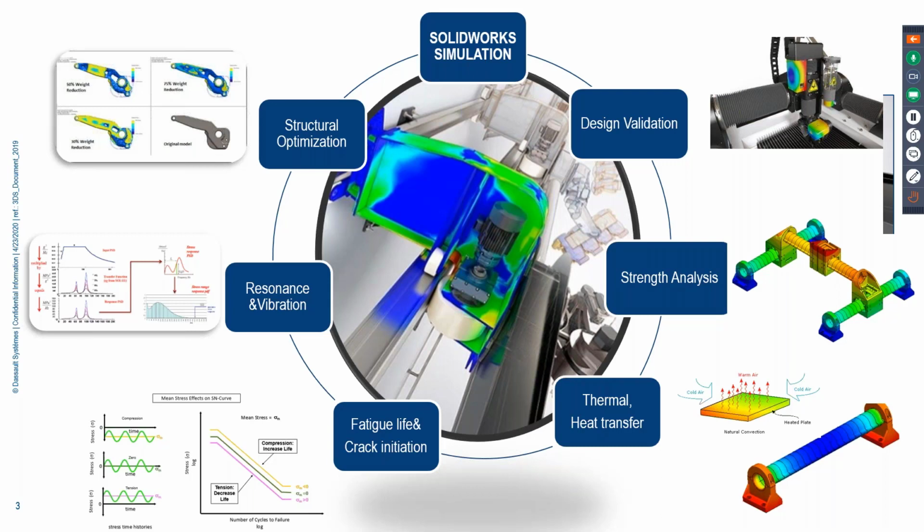It also accounts for calculation of the warranty of your product by calculating its fatigue life, and it also addresses resonance and various vibrations that are present when this machine is under operating conditions. And structural optimization, which is very important and very easy inside SolidWorks Simulation, keeps your product to a minimal weight without compromising on the quality of your end product.